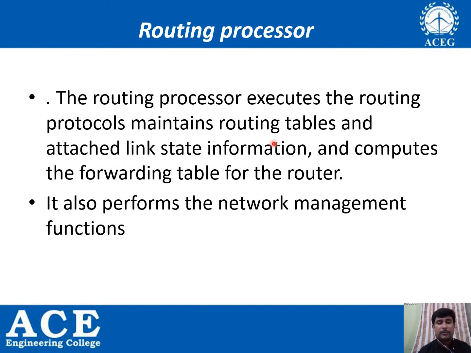That particular function will be taken care of by a component called the routing processor. The routing processor executes the routing protocols, maintains the routing tables, attaches the link state information, and computes the forwarding table for the router. It also performs network management functions. So the key important functions of the router will be performed by this particular component called the routing processor.